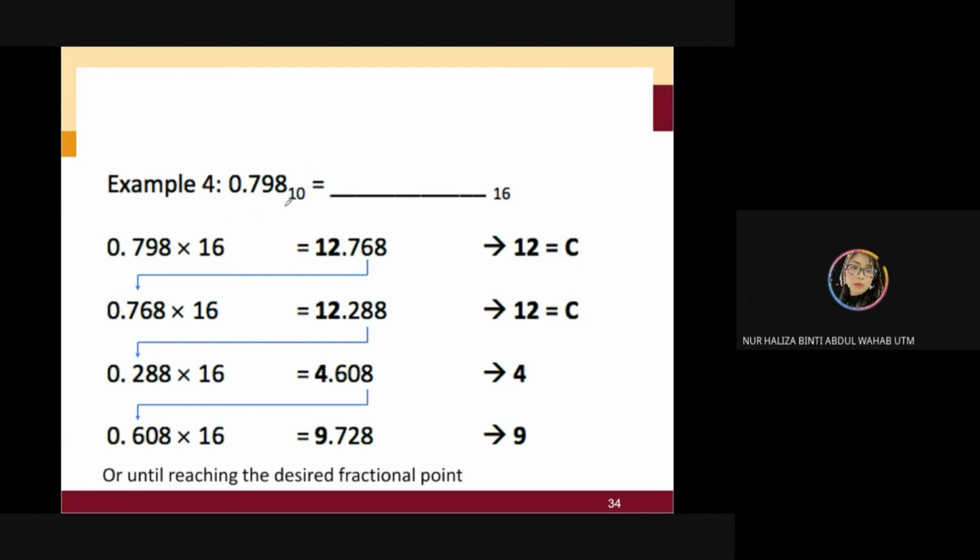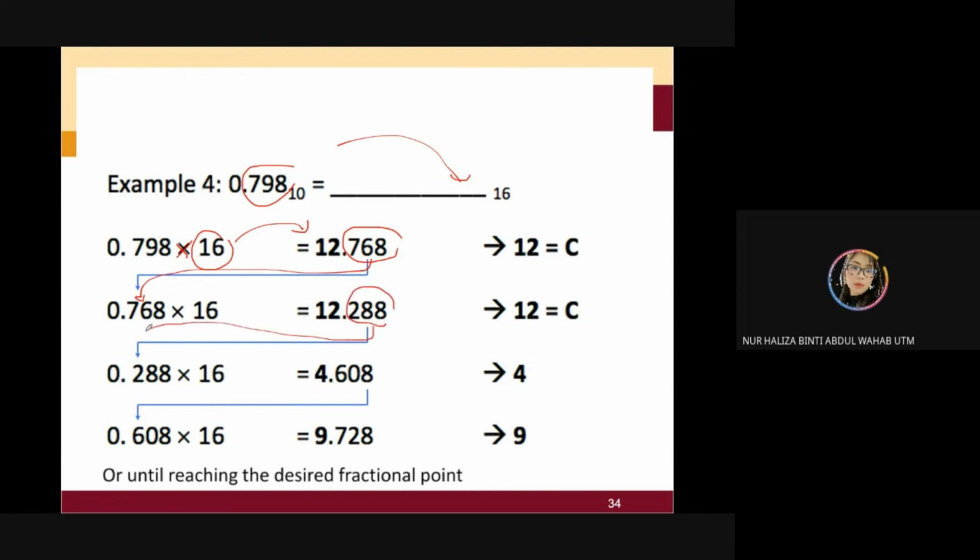Okay, this one. If you have 0.798 base 10, how are you going to convert it? You're going to convert using the repetition multiplication method, then you will get this value. The one that you need to bring is this one. Then you multiply again, you will get this value.